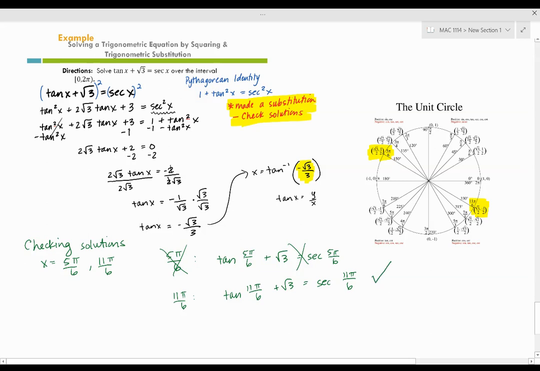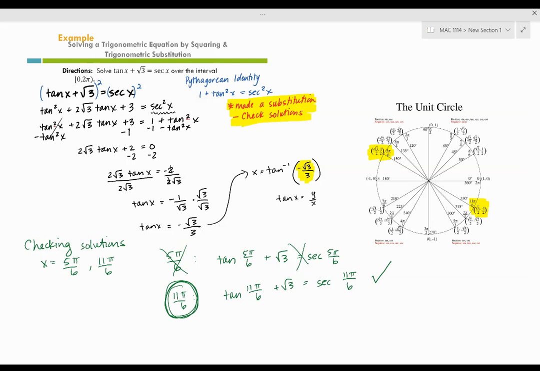It will be true, okay? Which means that 5 pi over 6 was your extraneous solution. It's a solution you had to toss out. And 11 pi over 6 is the only answer that worked, okay? So for this particular problem, you only have one solution, and it's 11 pi over 6.